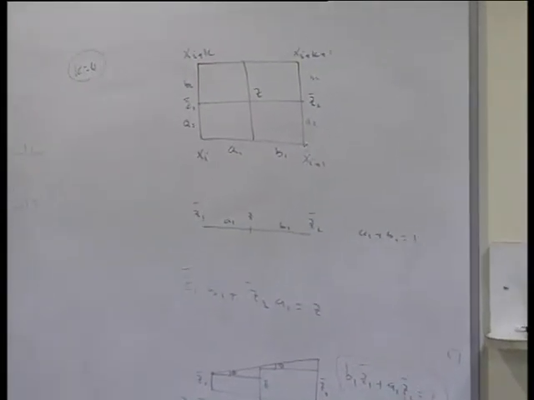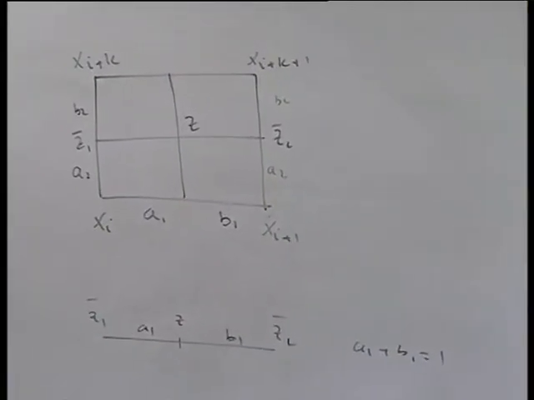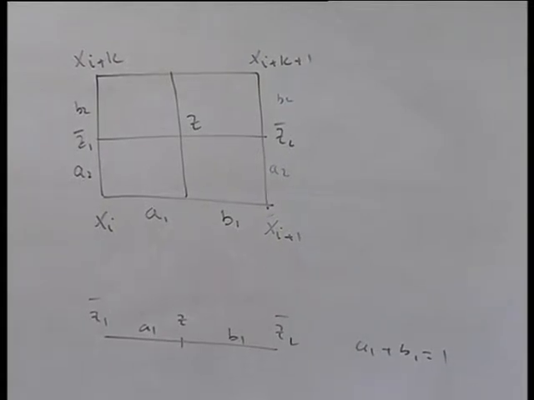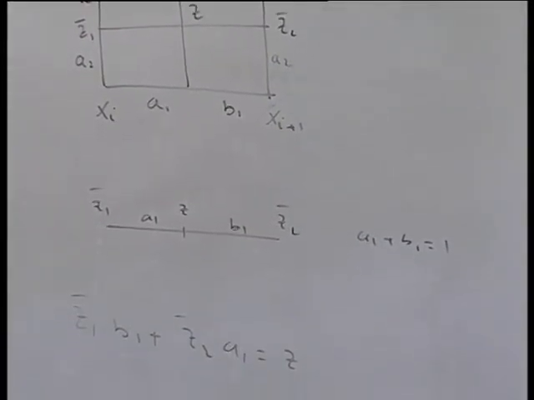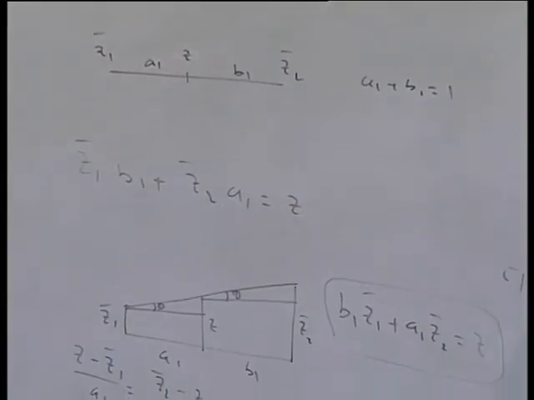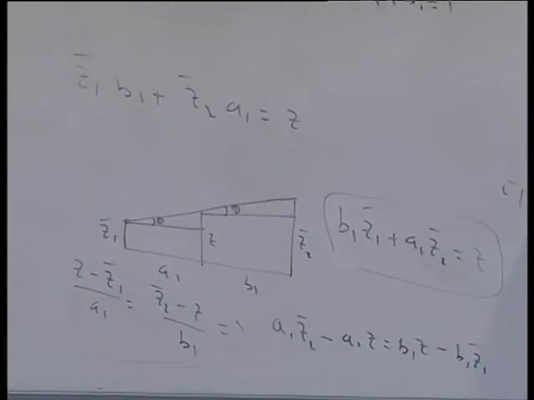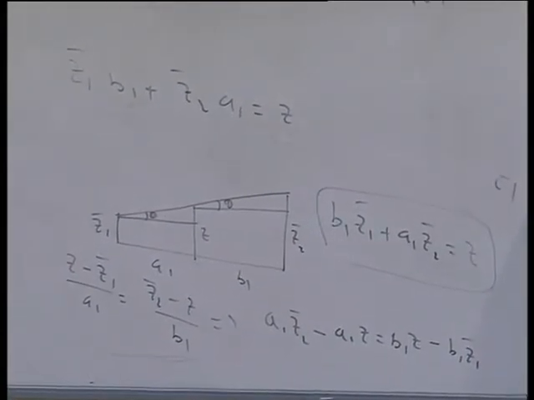Substitute, that's correct. Once you substitute, what is the formula you get? Come on, write it down. So what is the row I need? I need the row like this, right? Here is x i, here is x i plus 1, here is x i plus k, here is x i plus k plus 1.